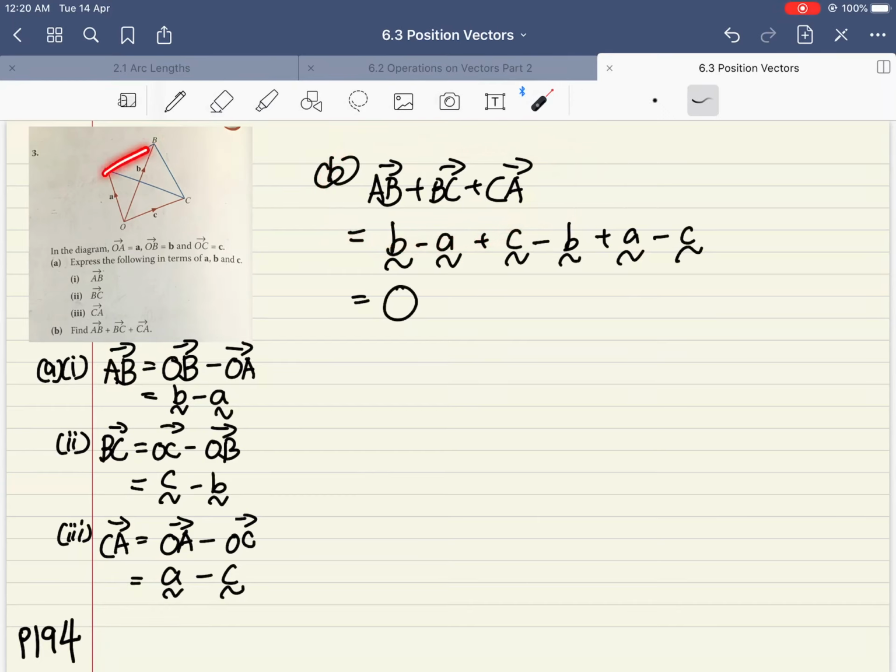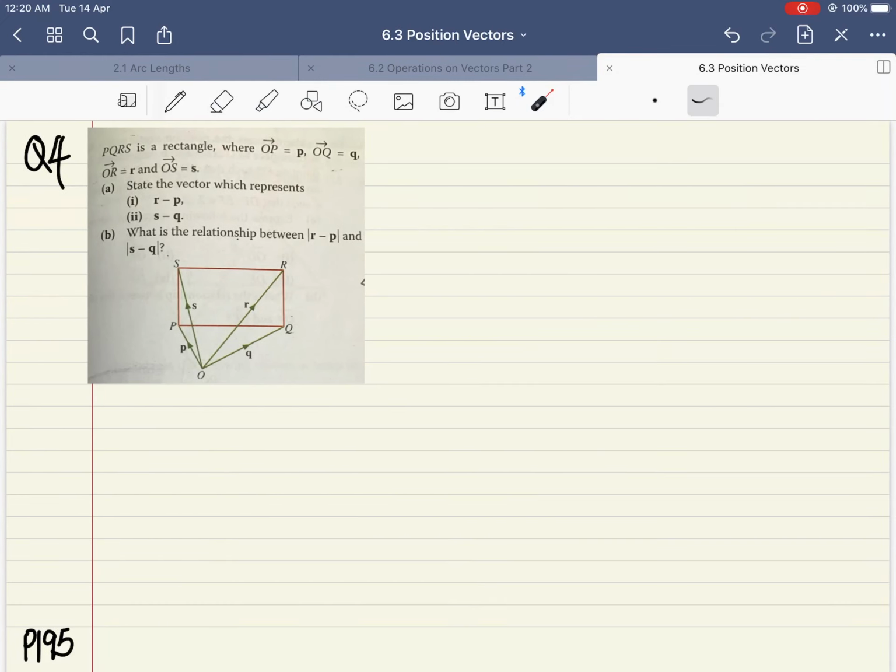And that makes perfect sense as well, because if you look back at the diagram, doing AB plus BC plus CA, you end up at the same point again, so therefore it becomes a 0 vector.